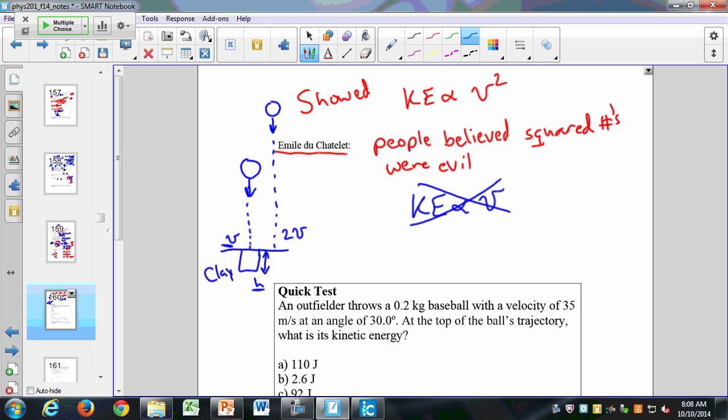All right, it's v squared, so it's going to go 4 times as deep. So over here I'll have 4h, because my kinetic energy is proportional to v squared, and if I double v, I get 4 times the kinetic energy, which gives us 4 times the depth. It's a little more complicated than that, but not terribly much so. So she showed that kinetic energy is proportional to v squared.